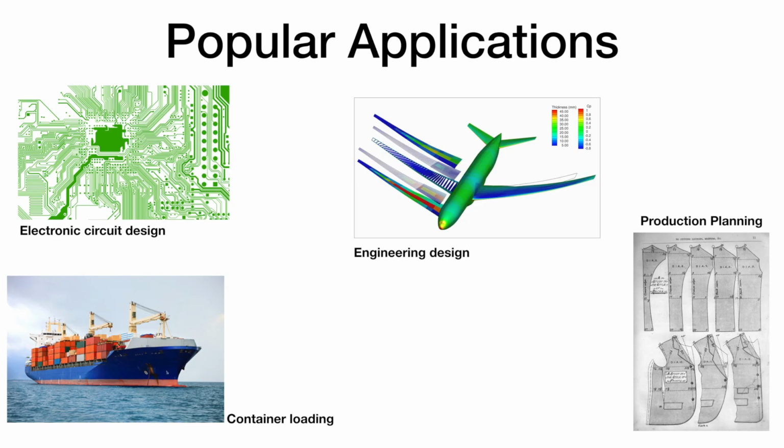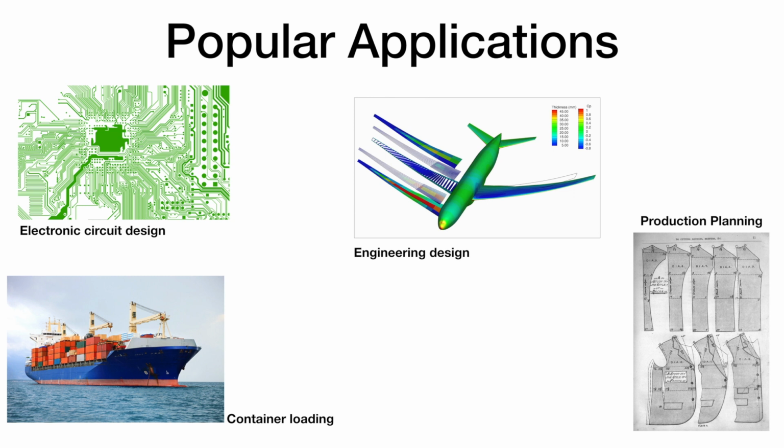Popular applications for this kind of algorithm include container loading, where we are trying to quickly find the best solution to put containers on the boat, because it's important to also put them in an order that allows us to quickly take them from the ship in the final port in some particular order.